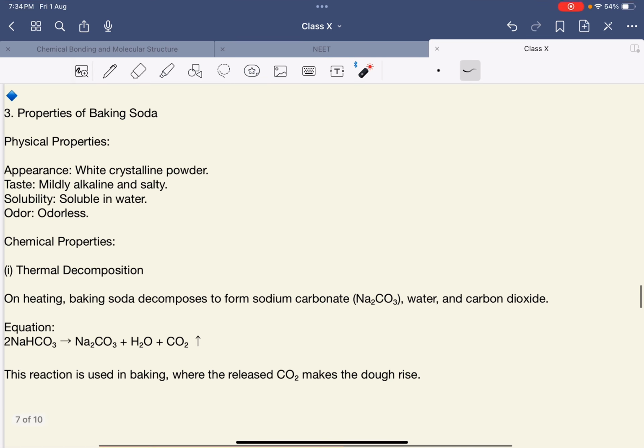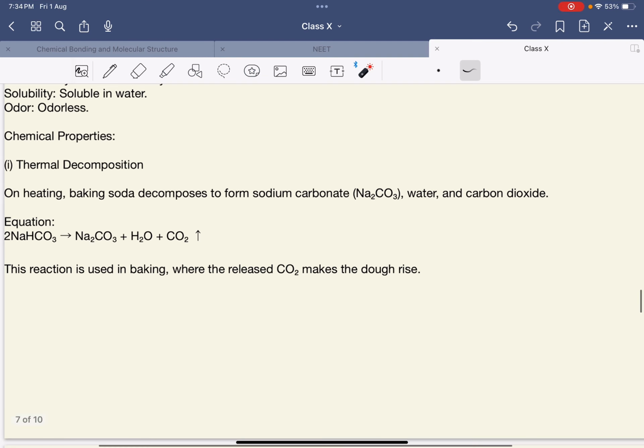This is very important. We know the appearance: white crystalline powder, taste alkaline and salty, soluble in water, odorless. Chemical properties, number 1, thermal decomposition.